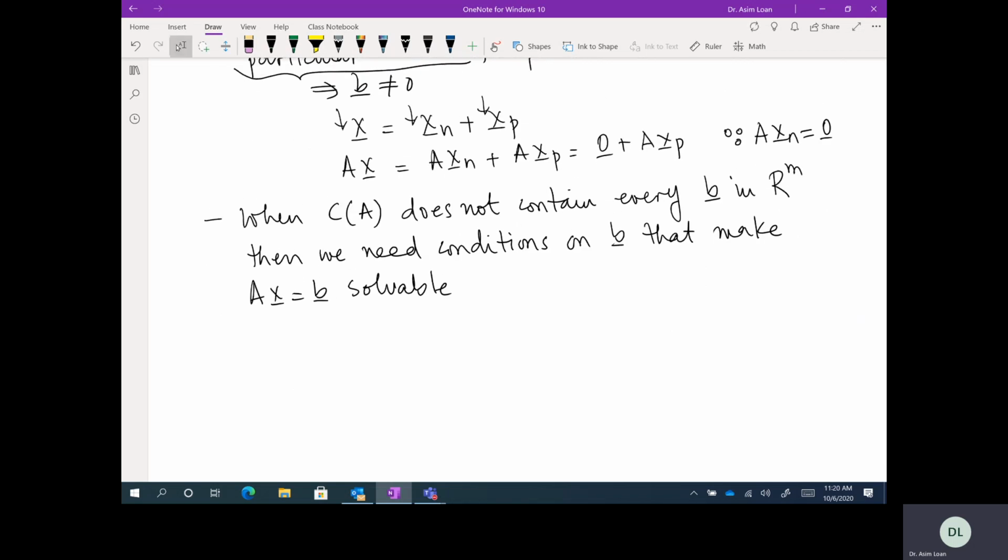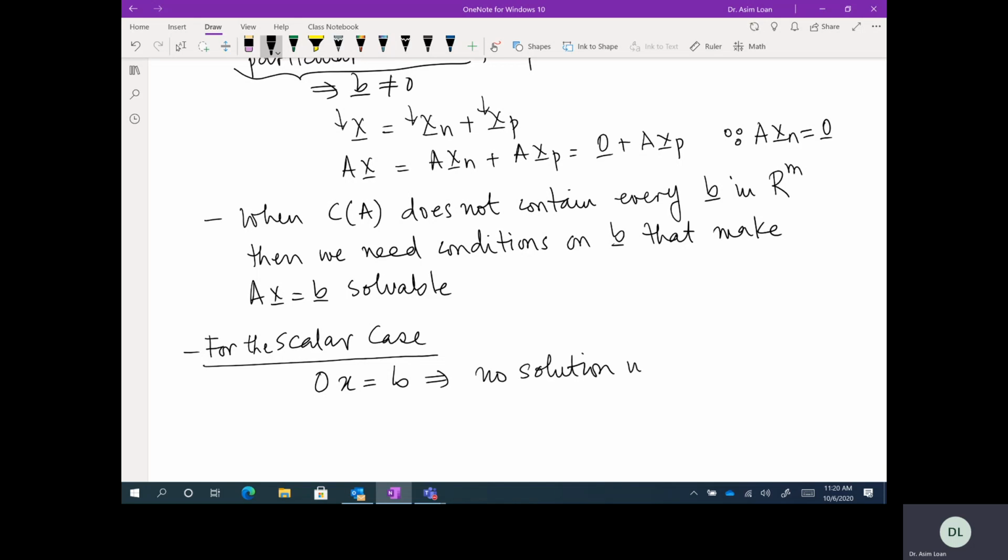And the analogy is for the scalar case, 0 times x equals b implies no solution unless b is equal to 0, right?